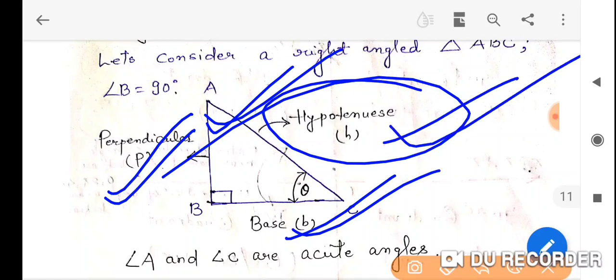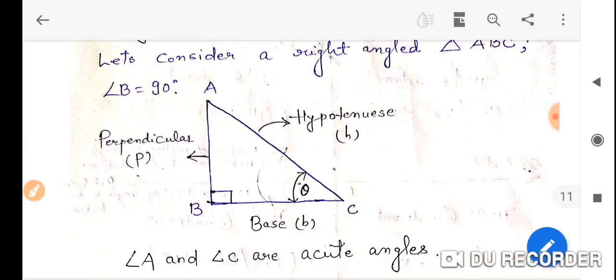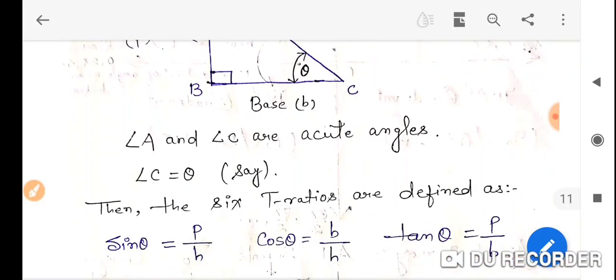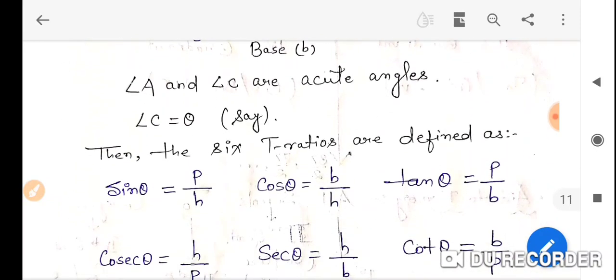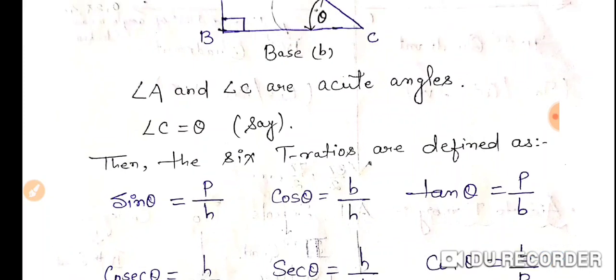Base and perpendicular are interchangeable with the angles you are considering while solving the mathematics. Now angle A and angle C are acute angles, and if we are considering angle C as theta, then corresponding to each acute angle there will be 6 trigonometric ratios.